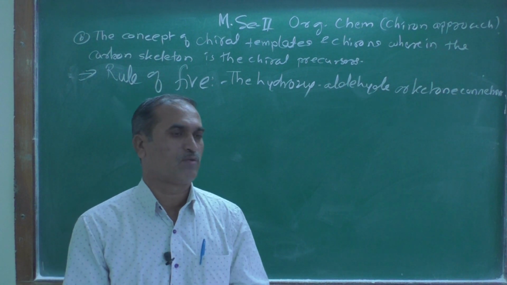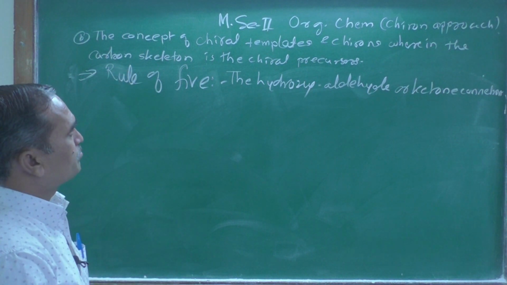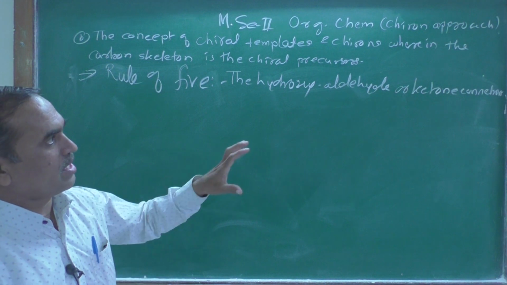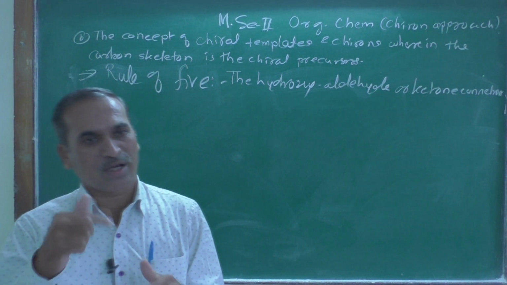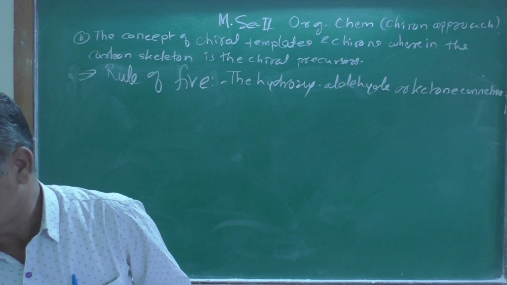So today we are going to learn one important point, that is the rule of 5, the hydroxyaldehyde or the ketone connection. What is that rule of 5? How can we recognize it, or what does it mean?